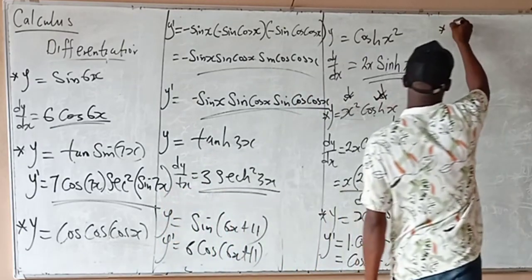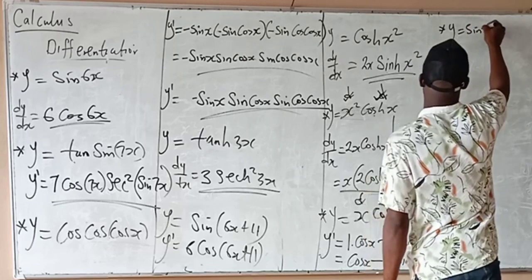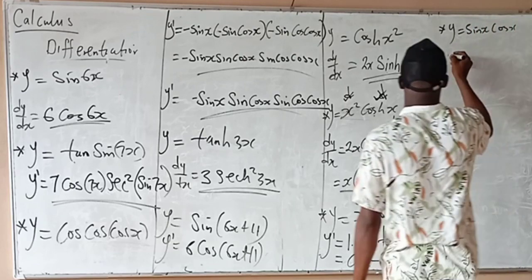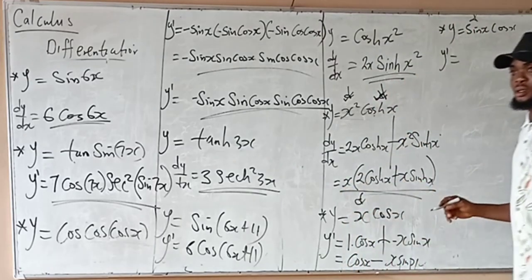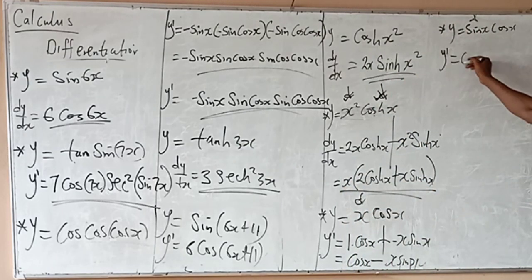Let's say we have y is equal to sin x cos x. Y prime will be, differentiate the first one. Differentiate sin, so we have cos x. Then you leave the second one, which is still cos x. Then plus, leave this one now, differentiate the second one. We're going to have minus sin x.